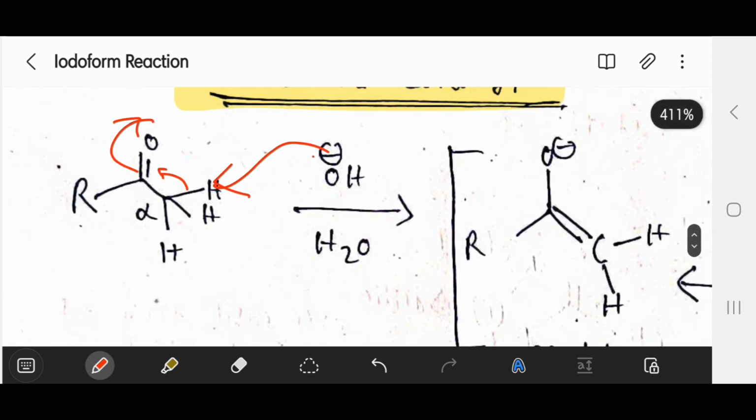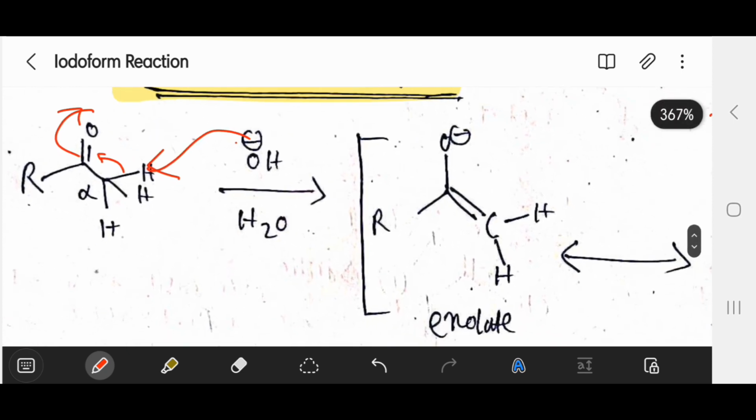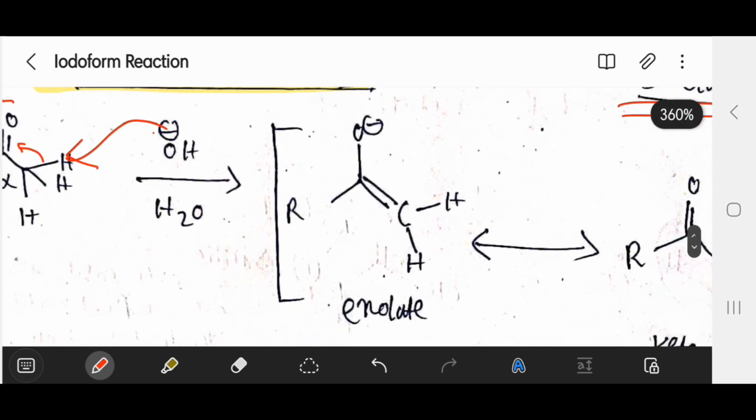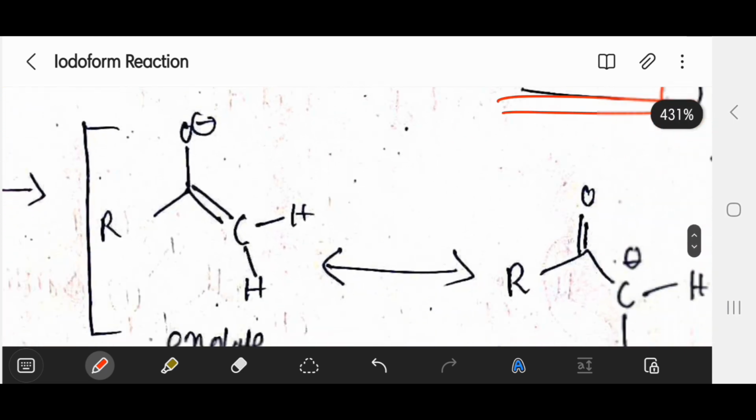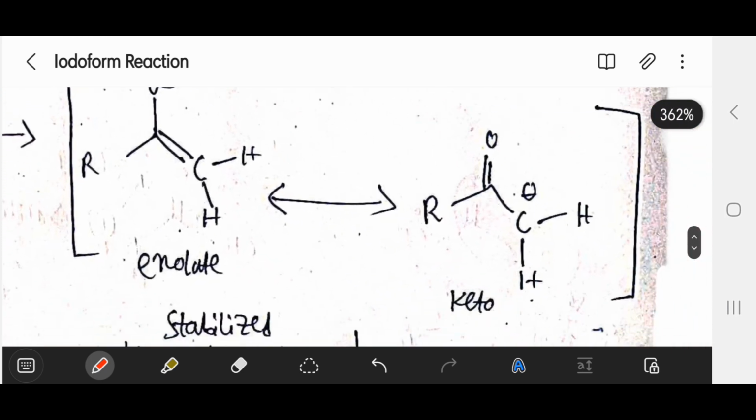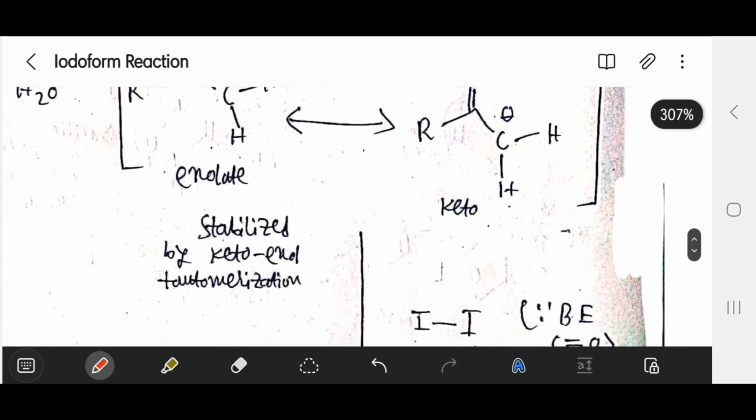The carbonyl carbon-oxygen double bond breaks to a single bond. So we will get this enolate entity, and the enolate entity will undergo resonance to form a keto entity, and this is stabilized by keto-enol tautomerization.